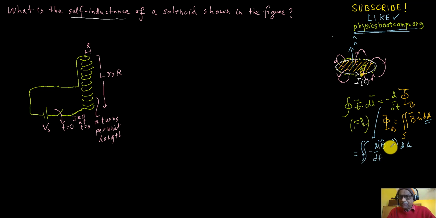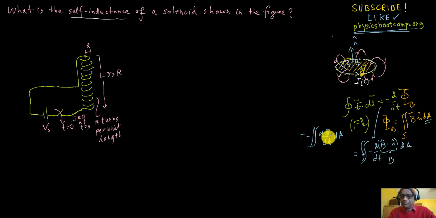B dot n hat is in the same direction, so all the B's are in the same direction on that flat surface. It just becomes B, and this becomes minus dB/dt times dA.